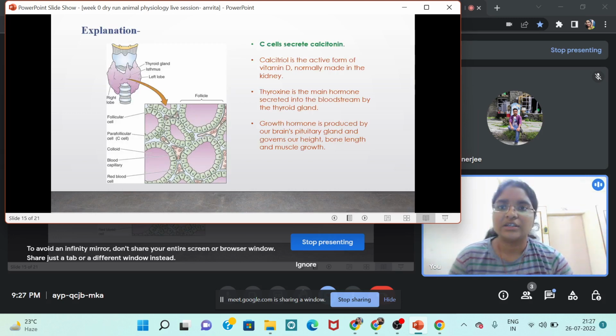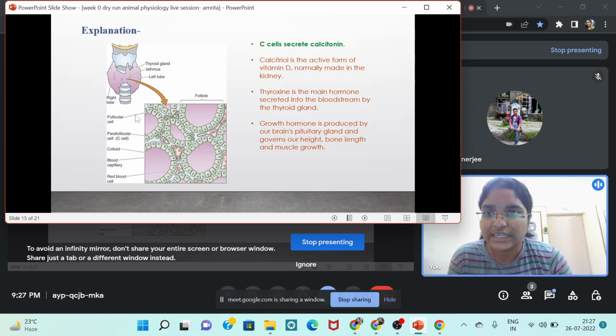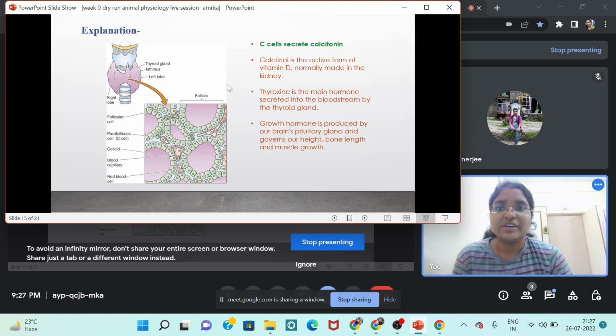In the thyroid gland, there are many different types of cells like the follicular cell and the parafollicular cell, which is also known as the C cell, which secretes calcitonin. Calcitriol is the active form of vitamin D, normally made in the kidney, not by the thyroid gland.